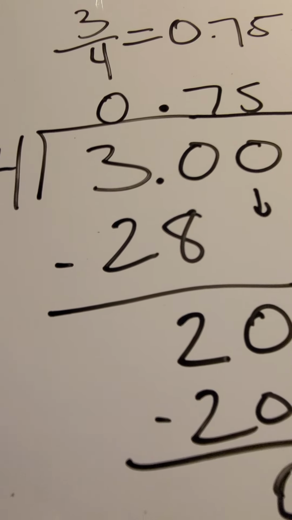Okay, let's do another example. So when converting fractions into decimals, we're basically going to take the numerator, bring that down so we can divide the denominator into it. Okay, let's do 7 divided by, I don't know, let's say 15.